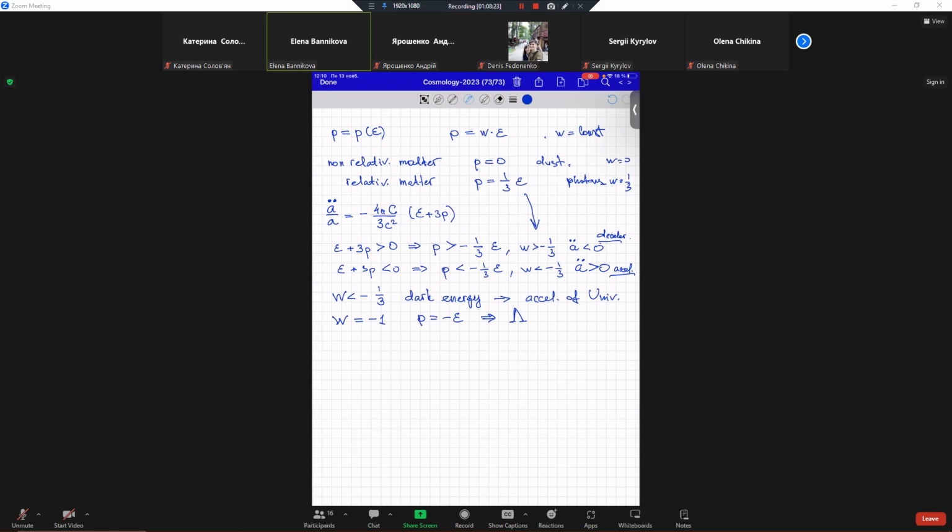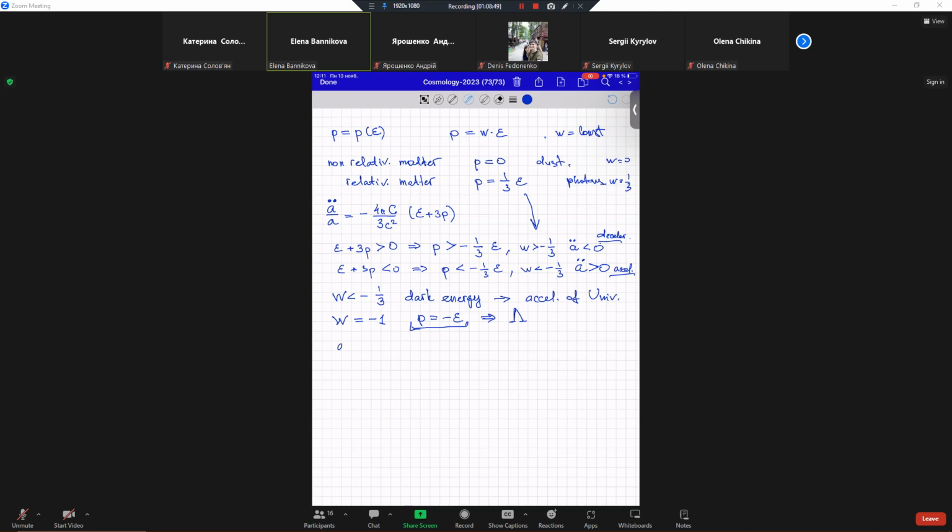We can even see it immediately. Let's see that we can really coincide the cosmological constant with this state, which corresponds to the negative value of pressure.